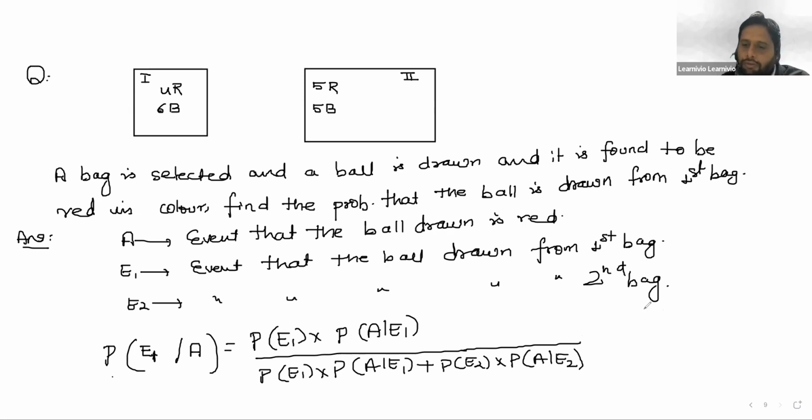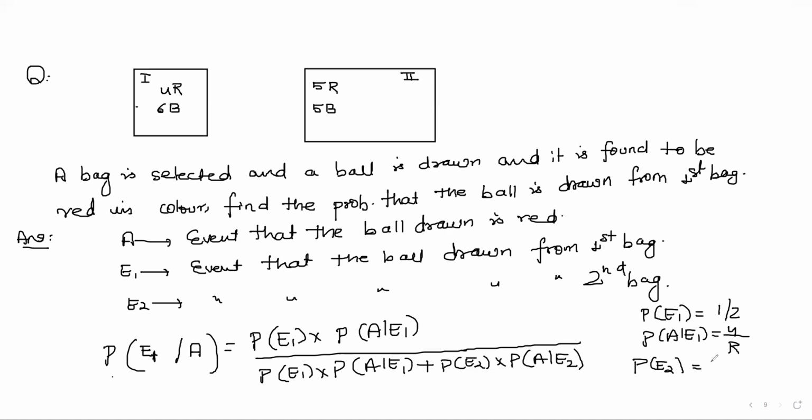First we need P(E1). Tell me Nabil, what will be P(E1)? 1 by 2. Very good. What is P(A by E1)? That means from the first bag, 4 by 10. Good. Next, what is P(E2)? 1 by 2.